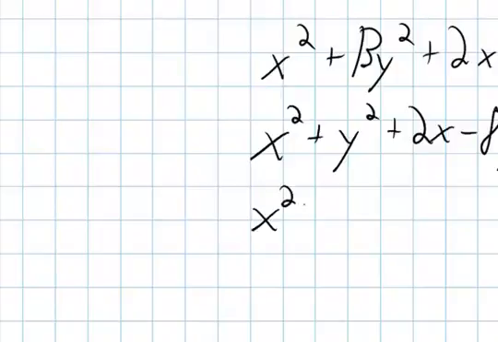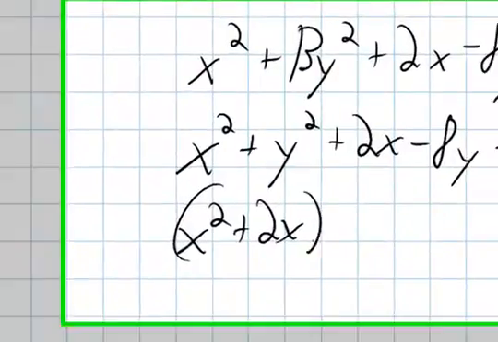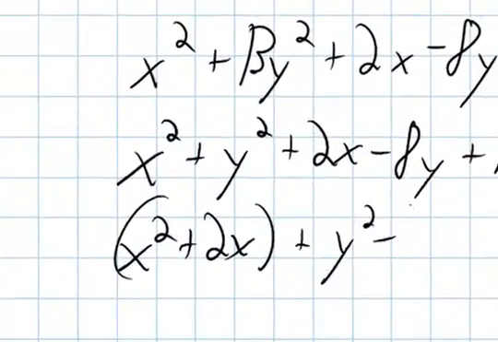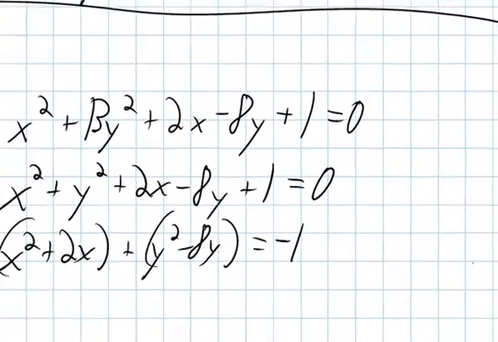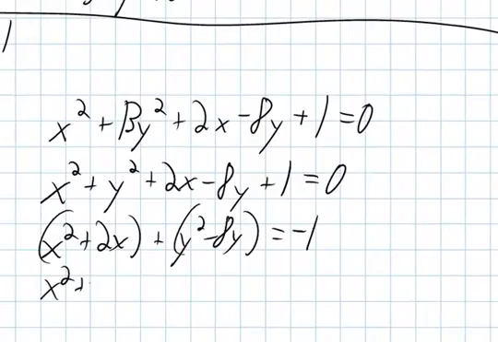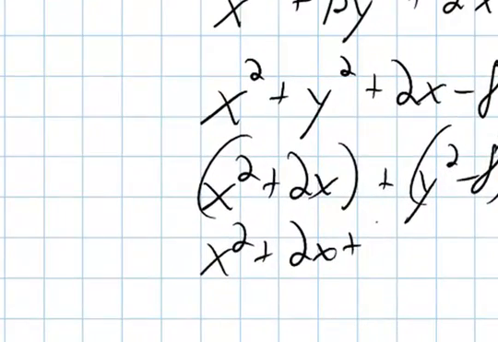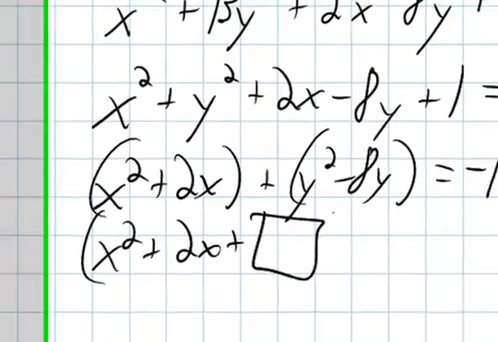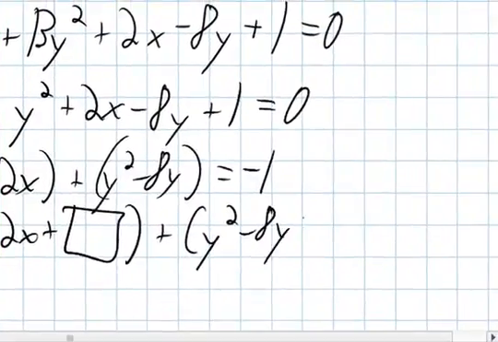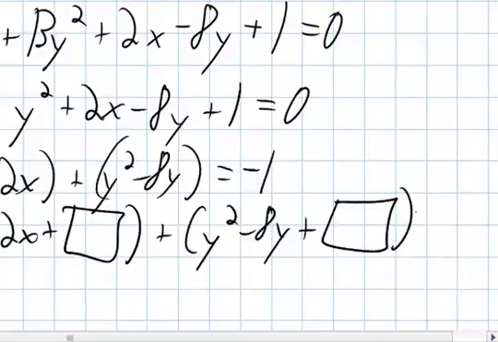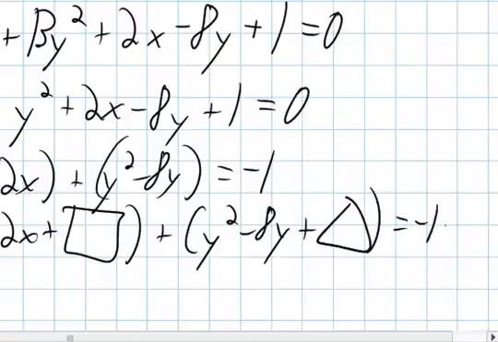So if we know that, we say x squared plus 2x grouped plus y squared minus 8y grouped is equal to negative 1. X squared plus 2x plus a box plus y squared minus 8y plus box, well, I should use a triangle, equals negative 1 plus a box plus a triangle.